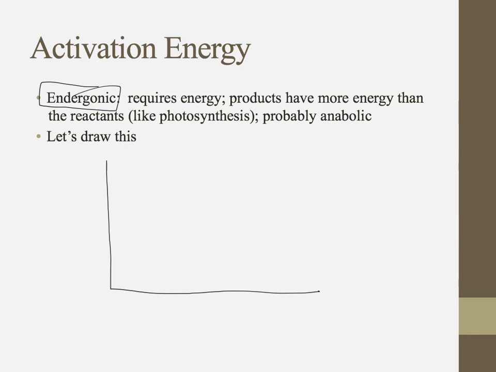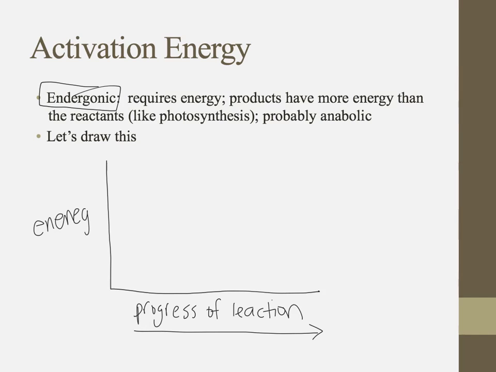Over here we have the progress of the reaction, kind of like on a time scale almost, moving that way. And over here we have energy. I'm going to do my non-enzyme catalyzed reaction in red.